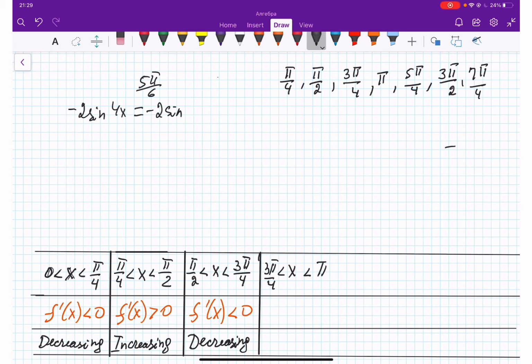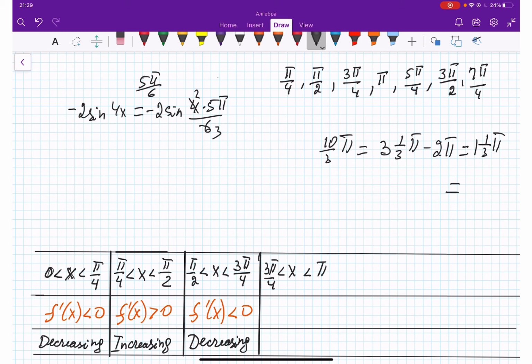Okay, so sine of 4 times 5 pi over 6. Let's reduce, this is 2, this is 3, and we are getting, let's do drafting, 10 over 3 pi. So 10 over 3 is equal to 3 and 1/3 of pi, correct? If I take off 2 pi, one period, 360 degrees, I'm going to get 1 and 1/3 of pi, which is equal to 4 over 3 pi.